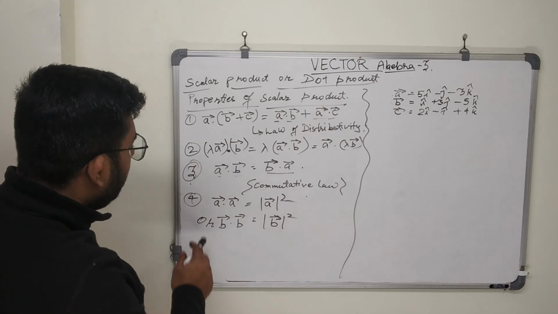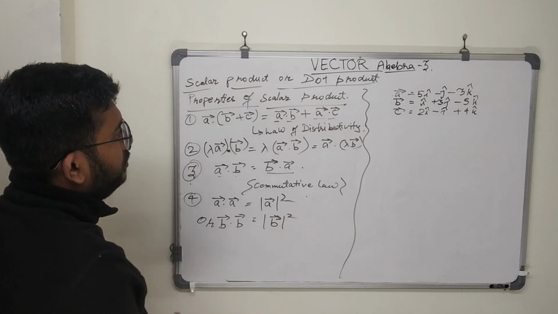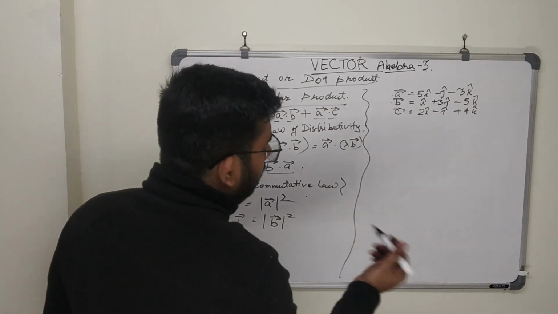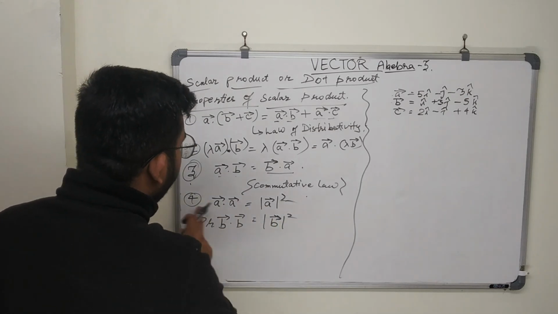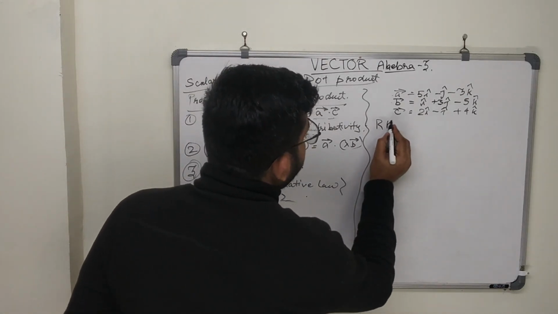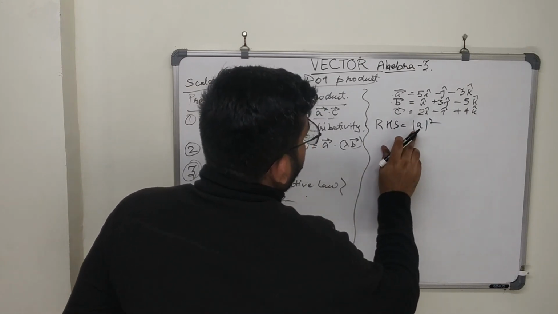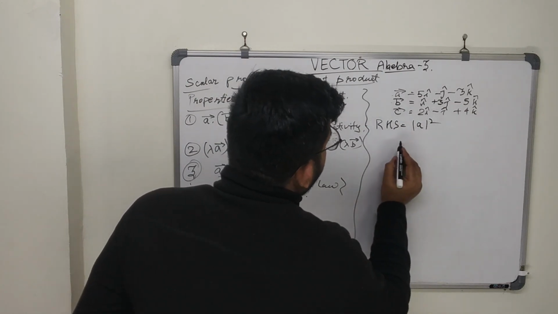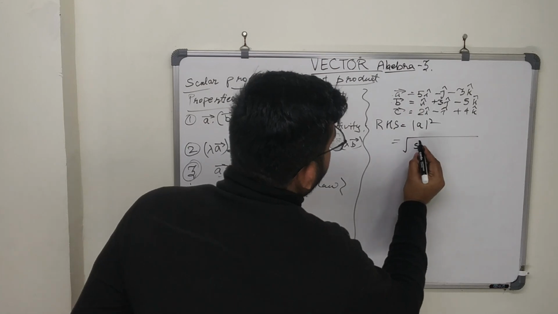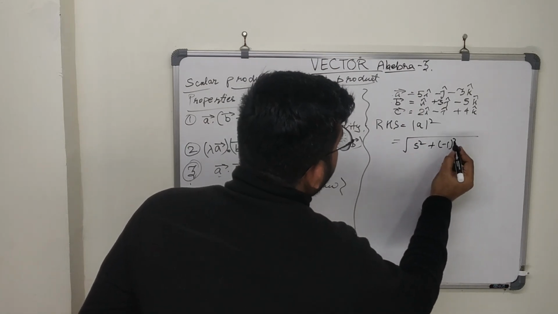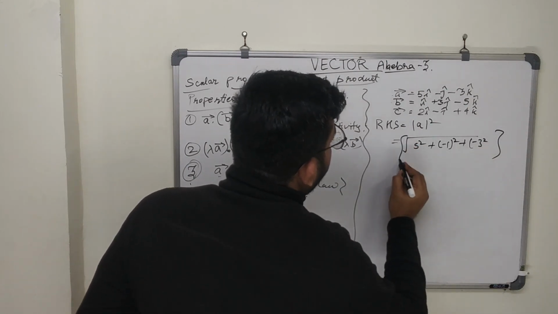So now the fourth property is a vector dot a vector is equal to the magnitude of a vector, whole square. So now proving this, in this case we will find the right hand side of the property, that is RHS. This is equal to the magnitude of a vector and its whole square. Then this will be equal to under root of 5 square plus minus 1 square plus minus 3 square, and its whole square.